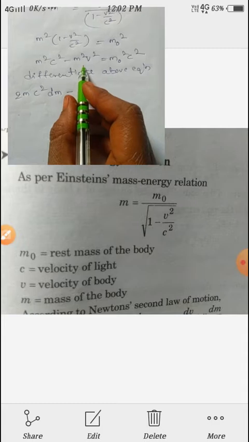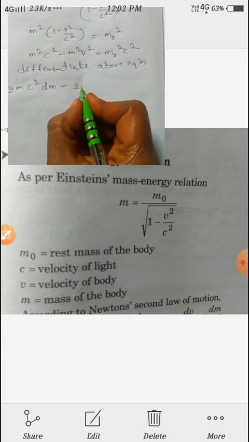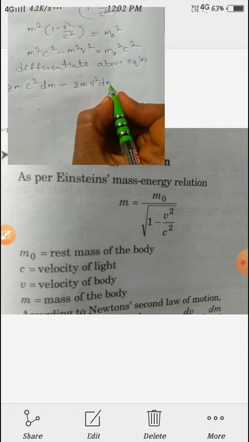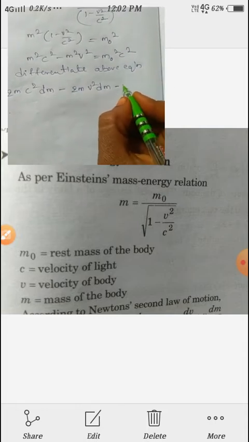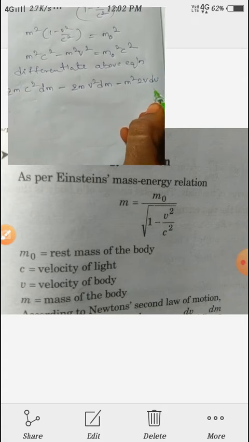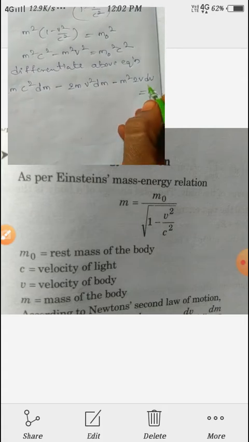So uv differentiation: 2m v square dm minus m square 2v dv is equal to the constant.